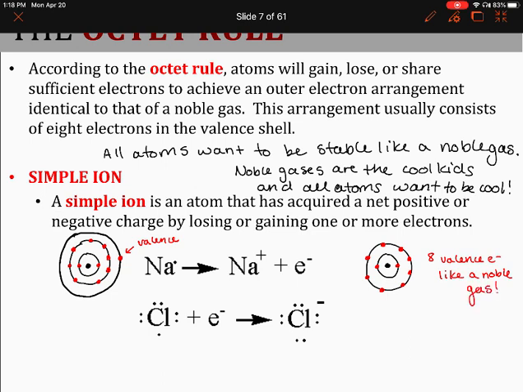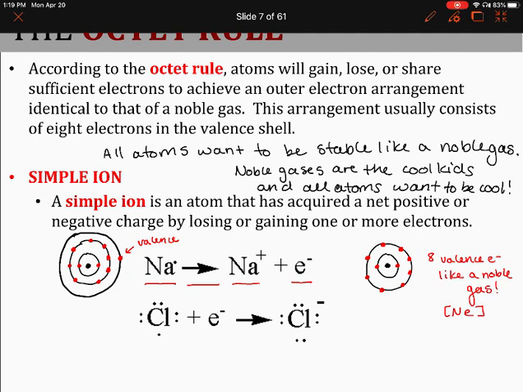And in fact, it has a total of 10 electrons, just like neon. So the way that we can write what's happening here is initially we have pure sodium, and then this arrow is indicating that we have a process occurring. And after this process, we have our sodium ion and 1 electron as our products.